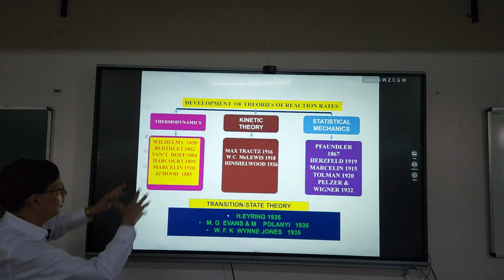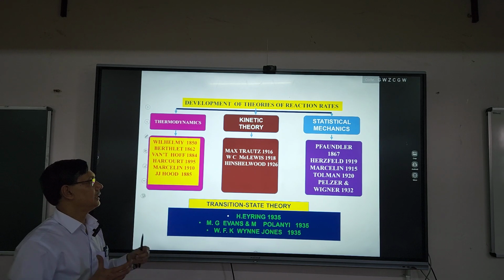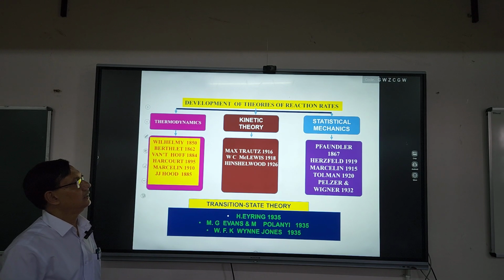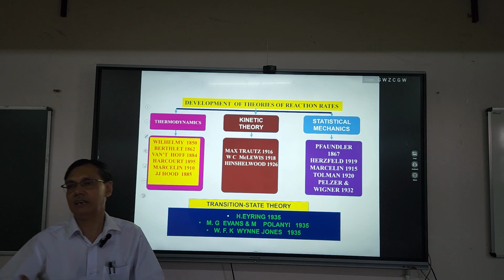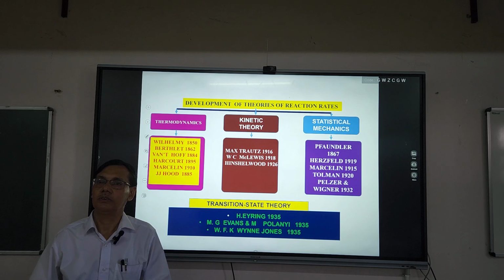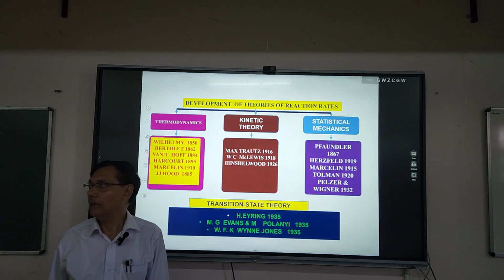Because I am a physical chemist and I have done a lot of work on chemical kinetics, I have a special affinity for the thermodynamics of chemical kinetics. Therefore I always refer to the story of all these theories.